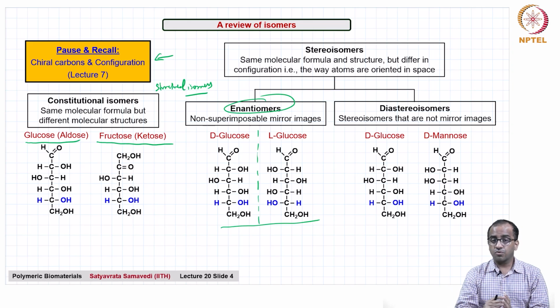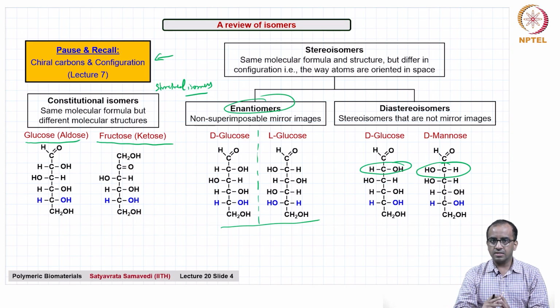So, the difference could be occurring only perhaps in a few chiral carbons. For example, here you see D-glucose and D-mannose, and you see that the difference occurs only in this chiral carbon and not the others. So, this is what you would call a diastereoisomer, which are not mirror images and of course not superimposable.